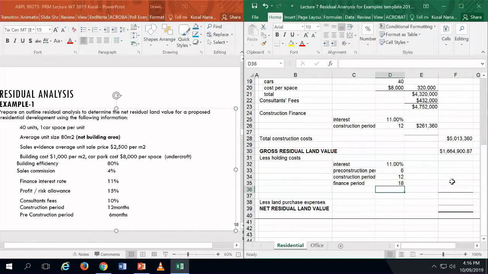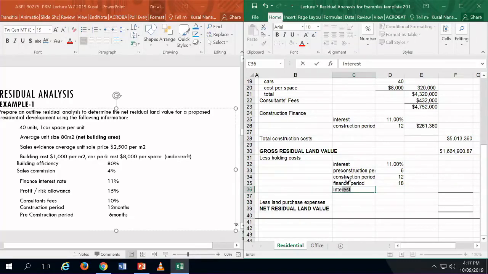How can we calculate the total holding cost? We can calculate the interest rate for the period.